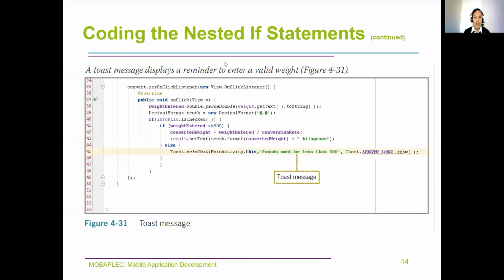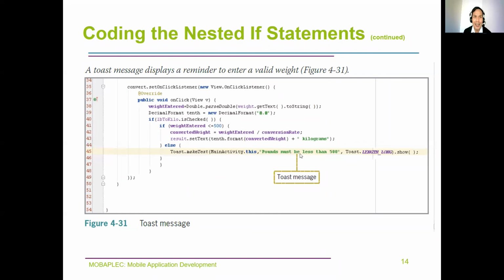We have here a toast message displaying a reminder to enter a valid weight. This is a toast message that reminds the user to validate. We use Toast.makeText in the main activity, followed by the text.